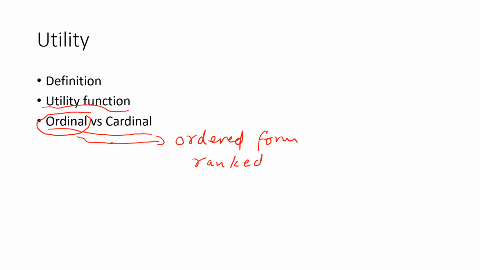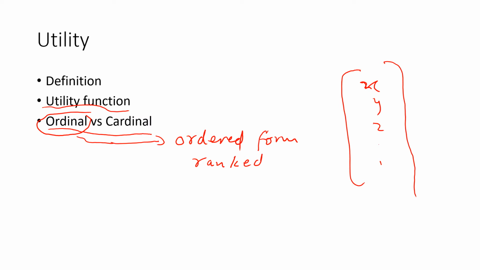Ranking means we prefer x first, then y, then z, and so on. So we can make a list and say which one we prefer first, which second, which third, which fourth, and so on.